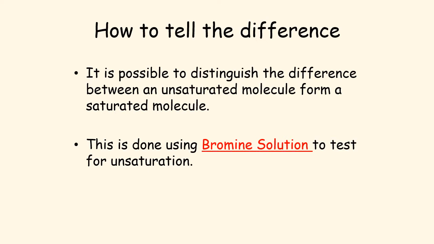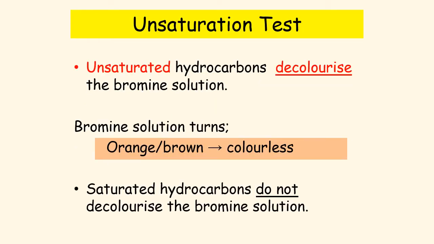You need to know and be able to describe the results of the bromine solution test. So unsaturated hydrocarbons, that means hydrocarbons that contain at least one carbon-to-carbon double bond, will decolorize bromine solution.